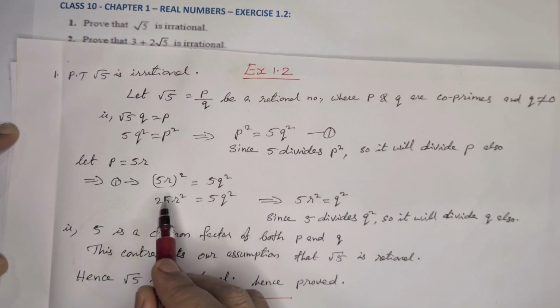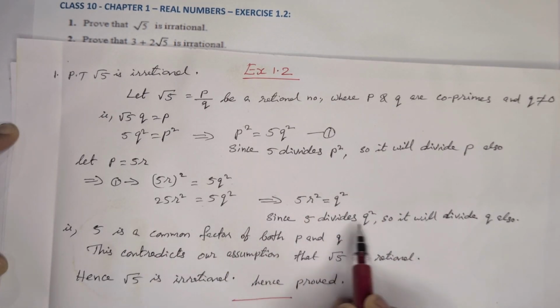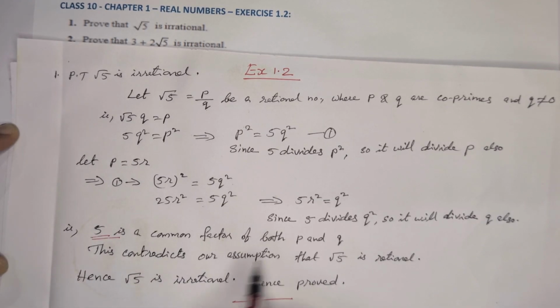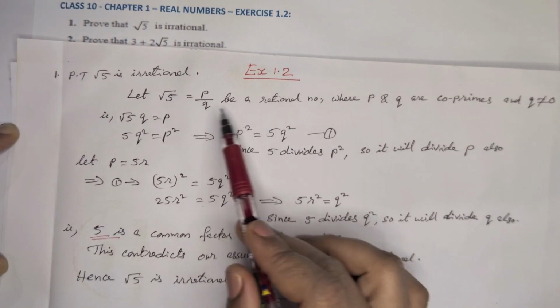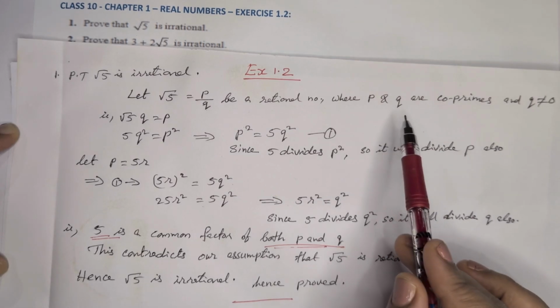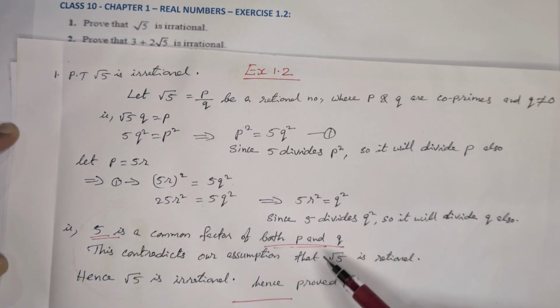Similarly, here also we will get 5 divides Q square. So that means 5 is a common factor of both P and Q. First we have taken here P and Q are co-prime numbers, which means no common factor. But here we are getting they have the common factor 5, which contradicts our assumption that root 5 is rational. Therefore, root 5 is irrational.